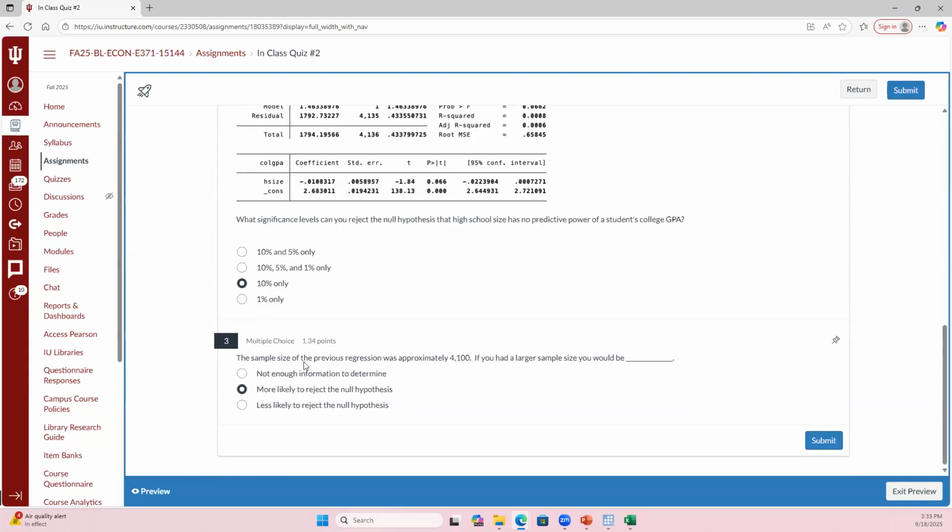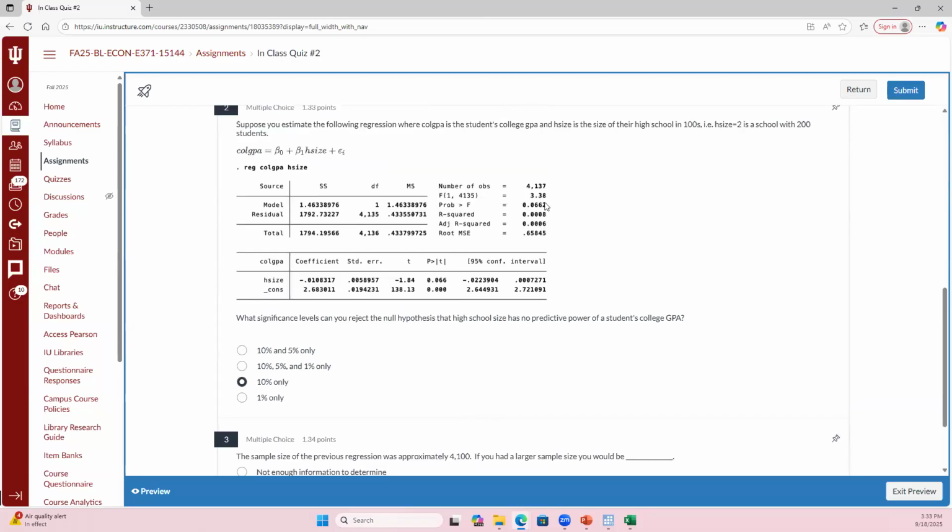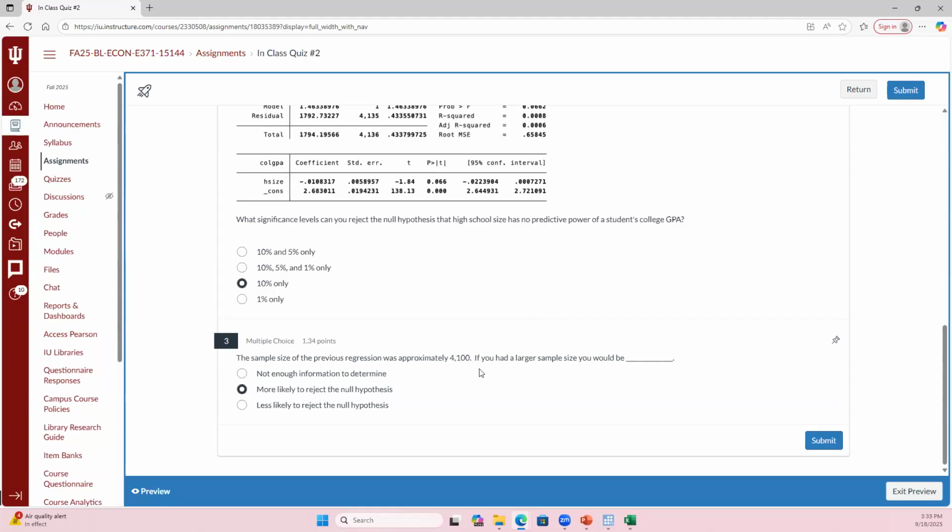I think the very first one was the one that we had here. I thought this says number of observations is 4,137. So why is it more? I think I was just giving you an approximation, and I was just saying if we had more. You're asking why it doesn't match up with this?